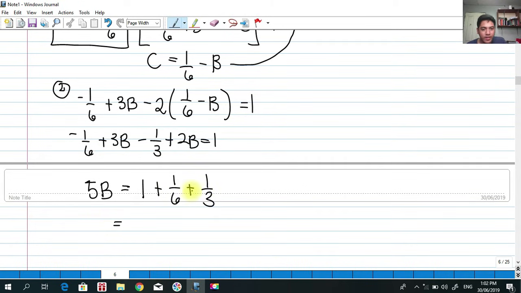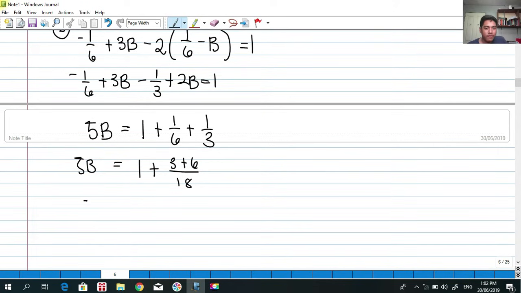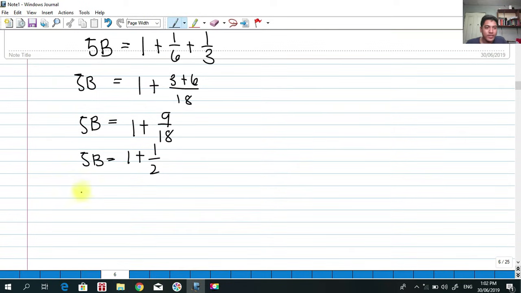If we simplify this, we have 1 plus 3 plus 6 over 18, so 5b is now equal to 1 plus 9 over 18, or simply 1 plus 1 half.